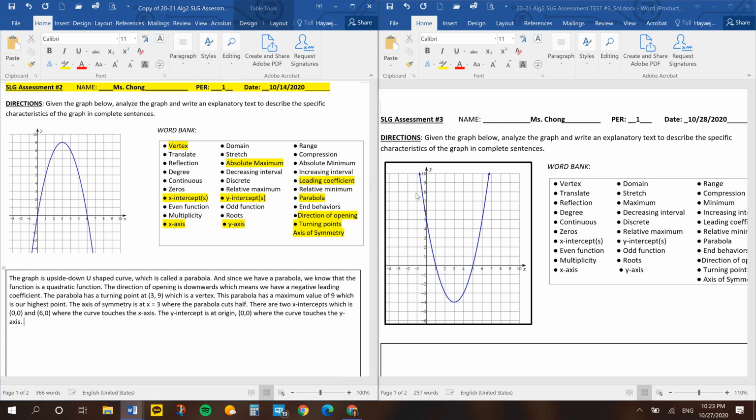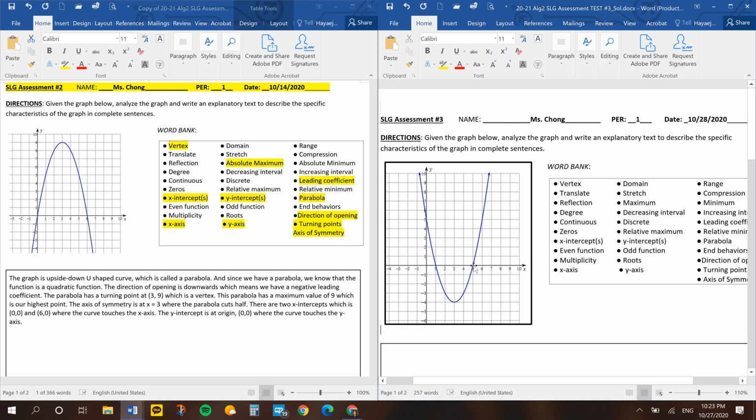So when you go to SLG number 3, your axis of symmetry is still at x equal to 3. Your x-intercepts are here, 1, 0 and 5, 0. Okay, x is 1, y is 0, so 1, 0 and 5, 0.